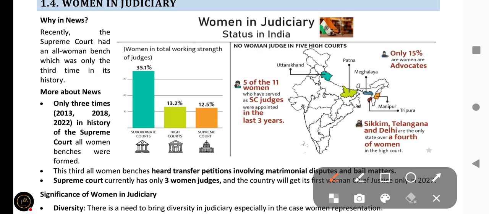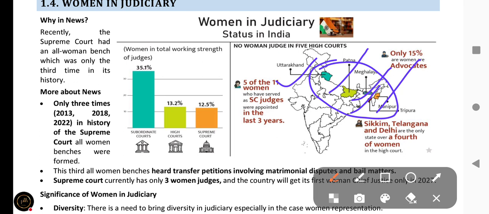Okay, highest women practitioners in the High Court, except these five states such as Uttarakhand, Patna, Meghalaya, Manipur and Tripura.